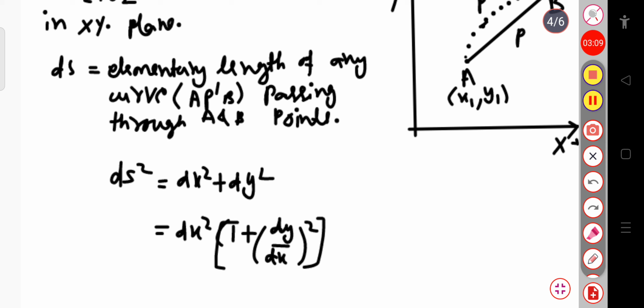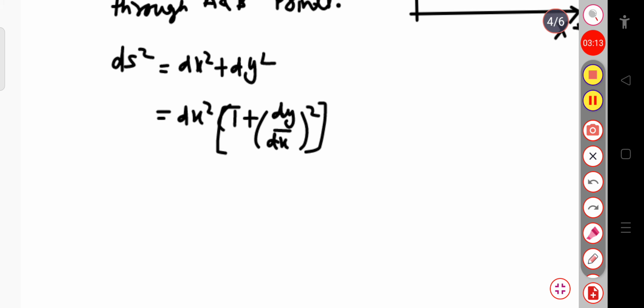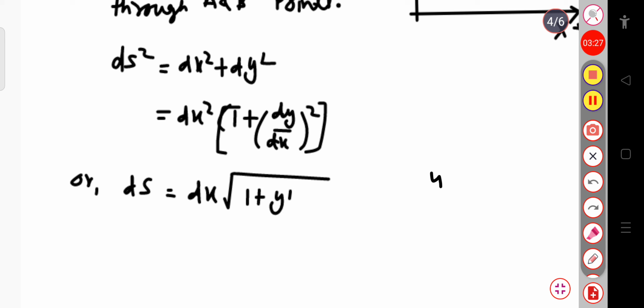I can write it like this. Now taking the square root of all this, ds is equal to dx times the square root of 1 plus y prime square, since y prime equals dy by dx. So simply substituting this value, ds equals this much.